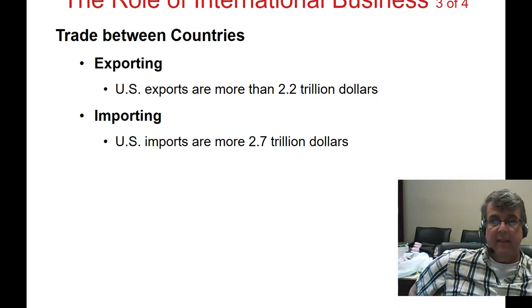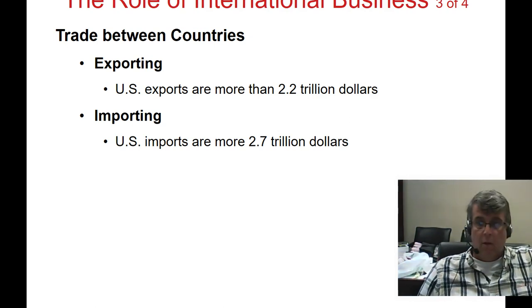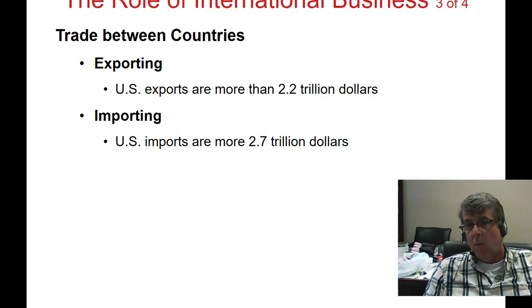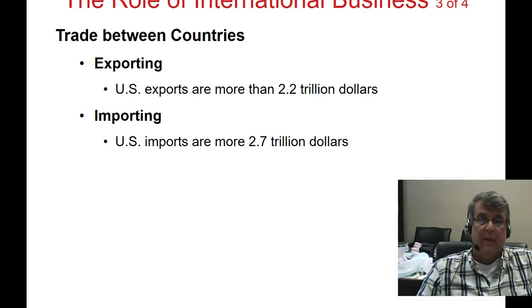The other thing is that the difference here, that $500 billion, it doesn't just disappear. Where does it go? Well, a lot of it goes into foreign banks, central banks. A lot of foreign countries back their currency, or at least hold US dollars in reserve.